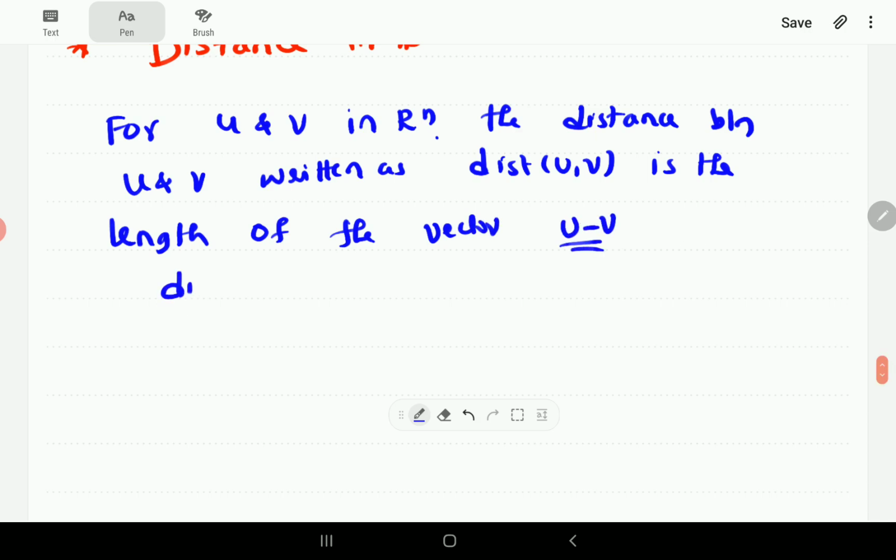That is, the distance between u and v is simply the norm of the vector u minus v. So this is the distance between the vectors u and v in Rn.